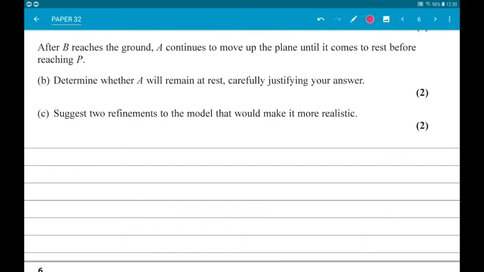After B reaches the ground, A continues to move up the slope until it comes to rest. Determine whether A will remain at rest, carefully justifying your answer.